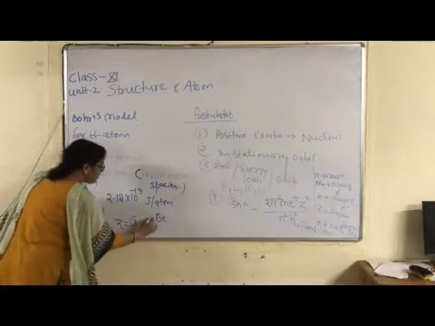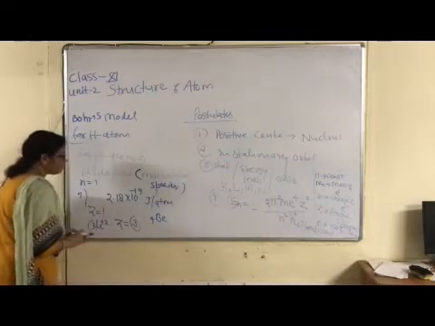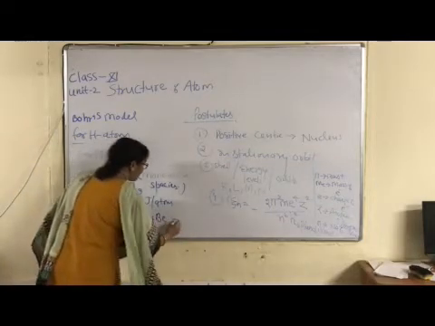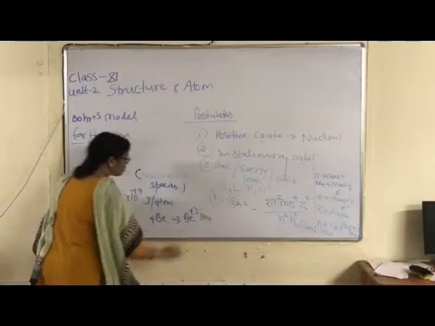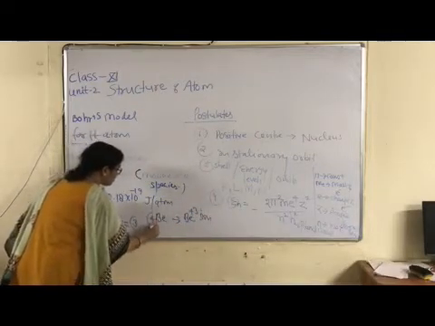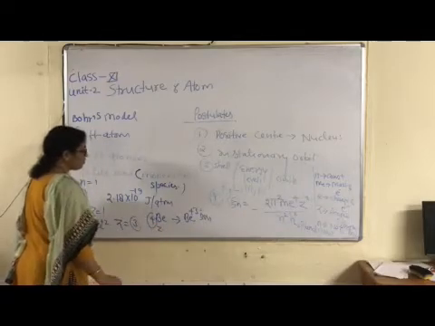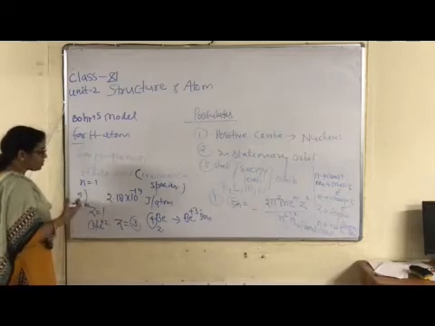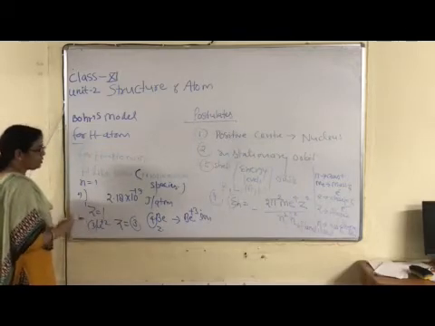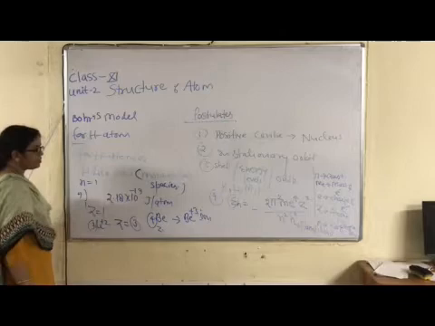The atomic number of beryllium is 4. When 3 electrons are removed, only 1 is left in this Be plus 3 ion. This one is also hydrogen-like. What is its Z value? 4. So we can calculate the energy of any hydrogen-like ion in any energy level by applying this formula.